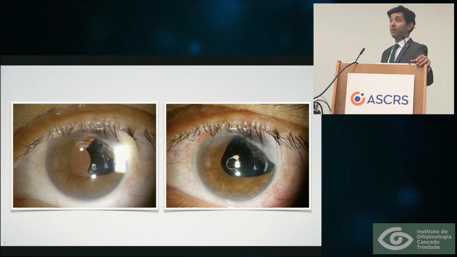So we have to train ourselves to examine with less light, even with the slit lamp turned off, so we can get a glimpse of the size of the pupil. We don't need very sophisticated equipment here to measure pupil size, but the cases where we have a larger pupil will obviously benefit more from this approach.